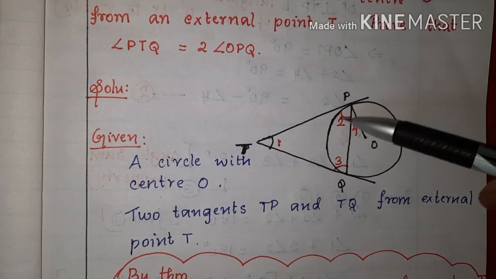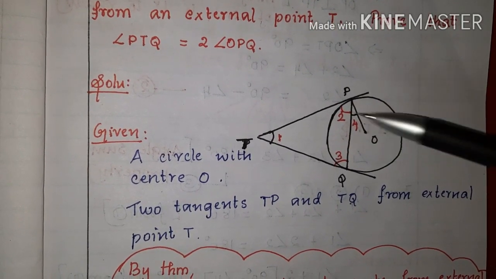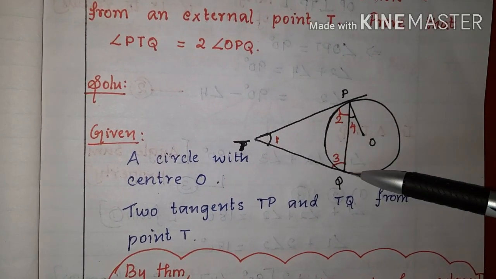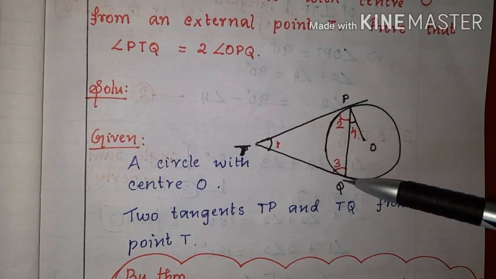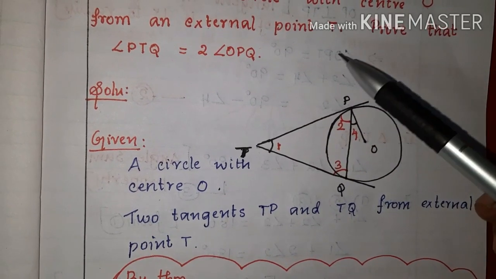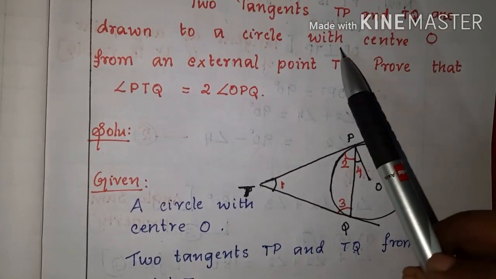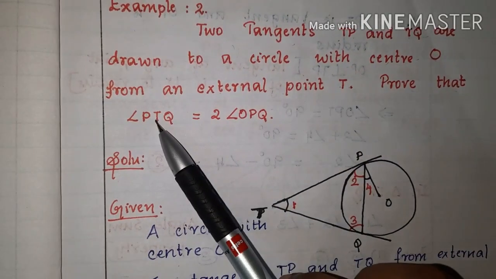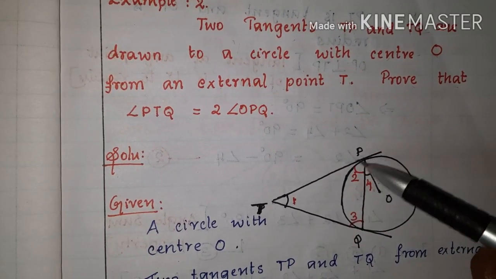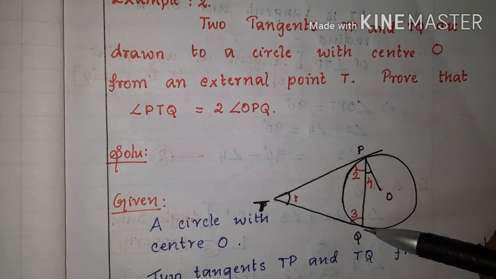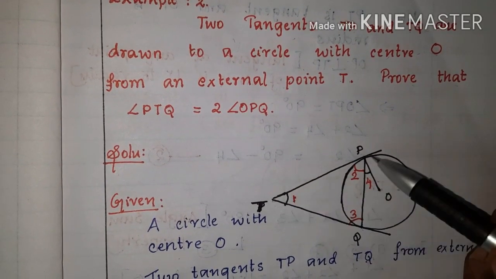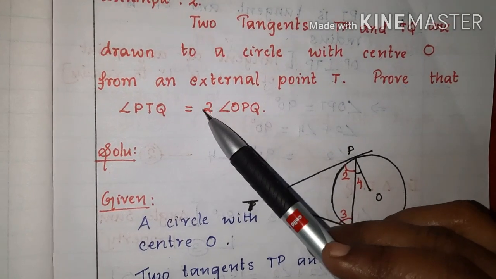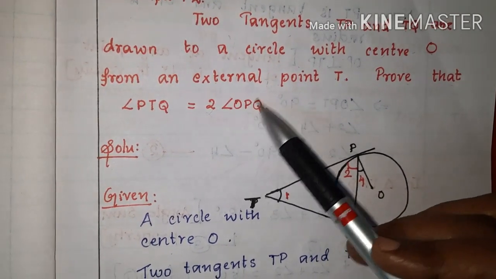So first you draw a circle with the center O, and this is the external point. From the external point two tangents are drawn, that is TP and TQ, as said in the question. And from the external point T, you are asked to prove that angle PTQ, the angle inclined between them, is equal to 2 times angle OPQ.